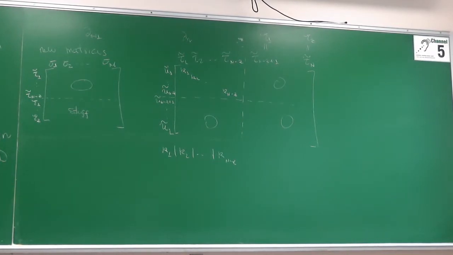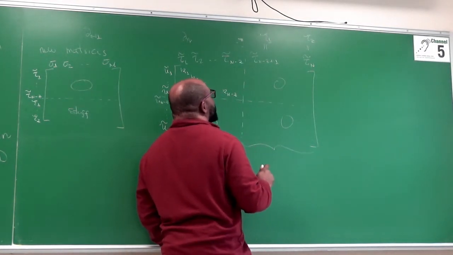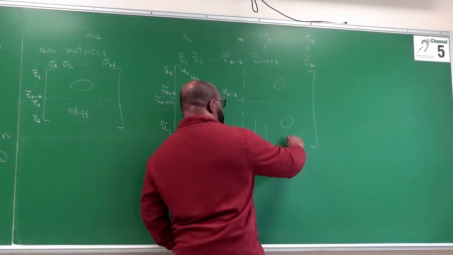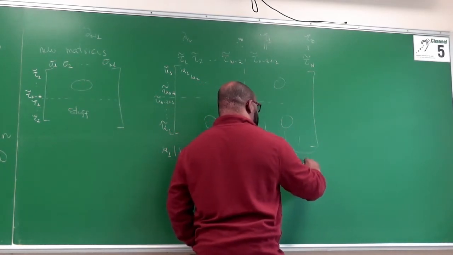The second observation is that these guys right here give the columns, right? So this gives you a basis for Zn.